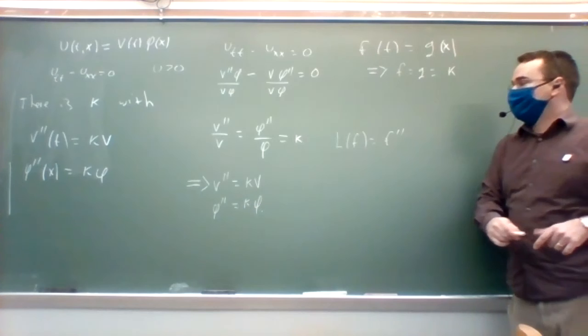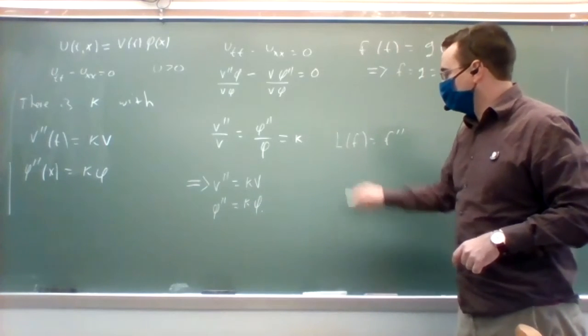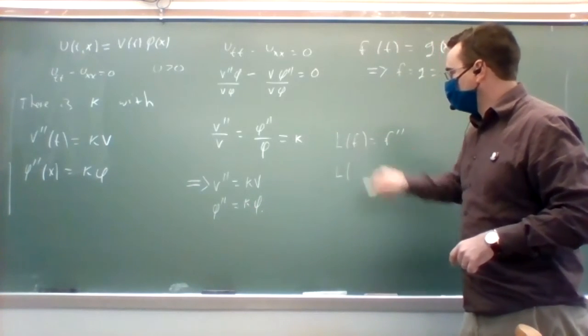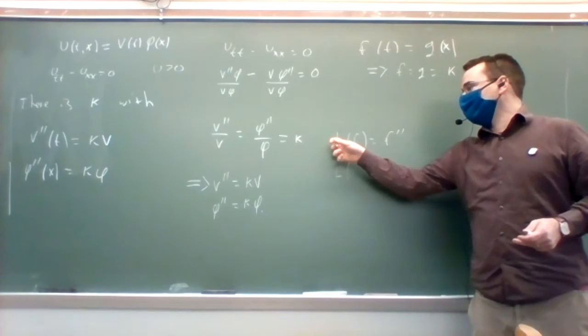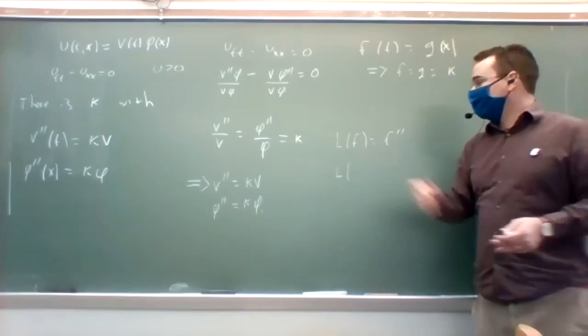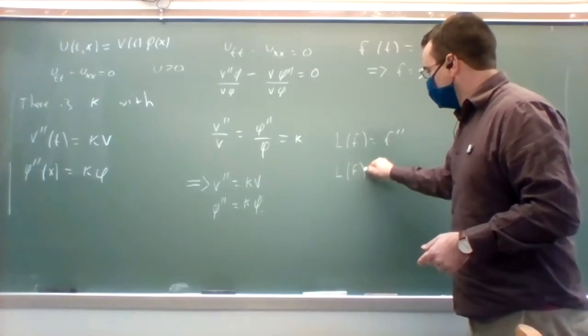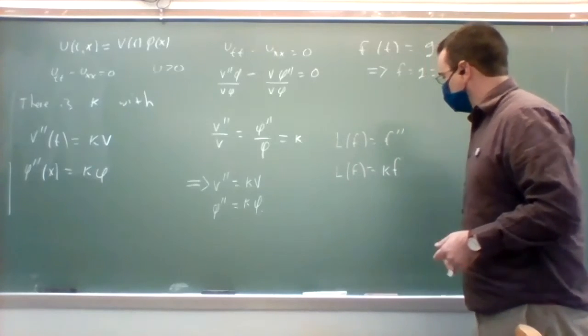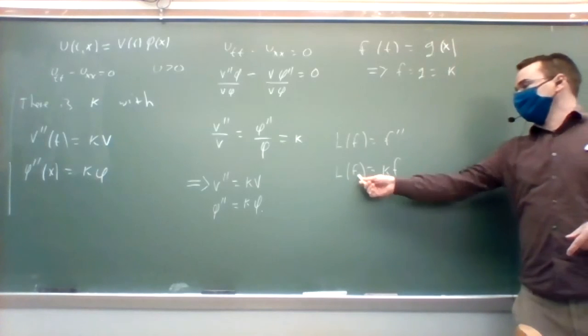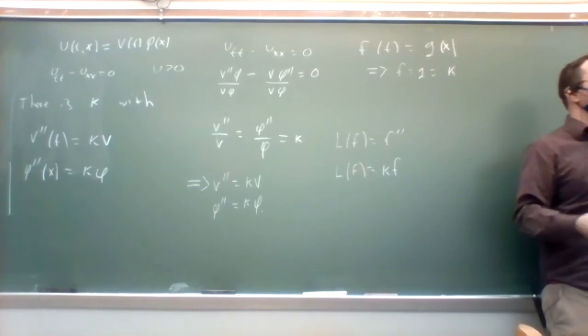You remember the definition of eigenvalue and eigenvector from linear algebra. When you've got a linear operator on a vector space and you plug in a vector, if you get a scalar times that vector as your output, then f is an eigenvector and k is an eigenvalue.